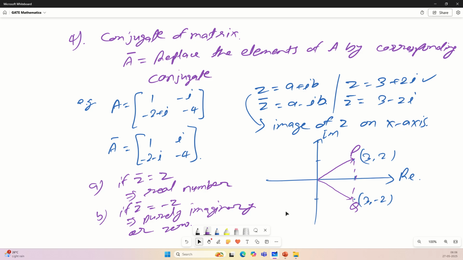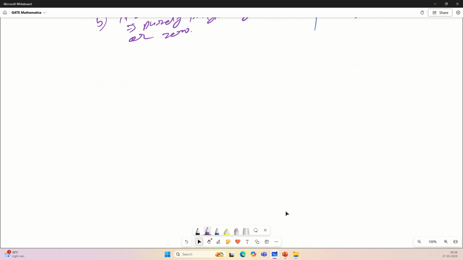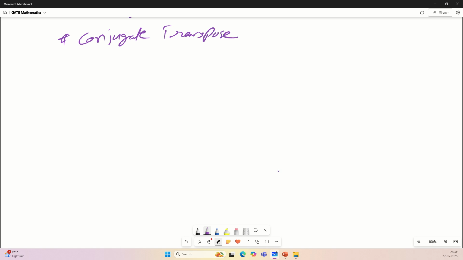Now let us talk about the next one, which is the conjugate transpose. We have already seen the transpose of a matrix, but now we want to find the conjugate, and then we want to find the transpose. This is called a little differently, A to the power theta.